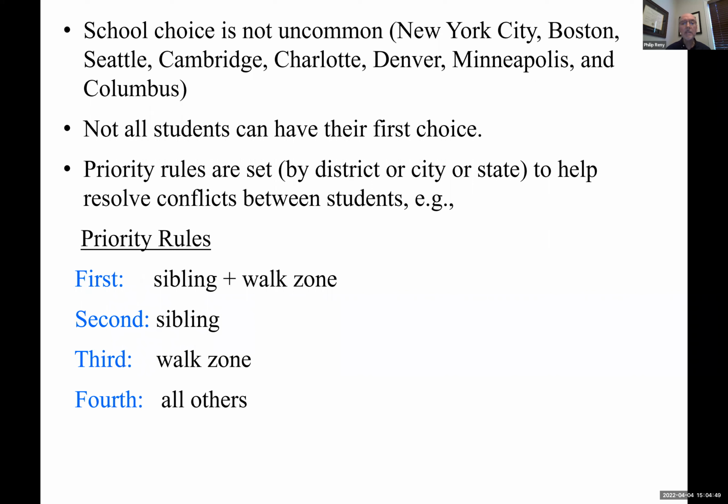There just aren't enough seats at those schools, and so priority rules are set either by the district or the city or the state in some cases to help resolve conflicts between students at any particular school. And very typically, the priority rules are as follows. Okay, so here is a typical list of priority rules.